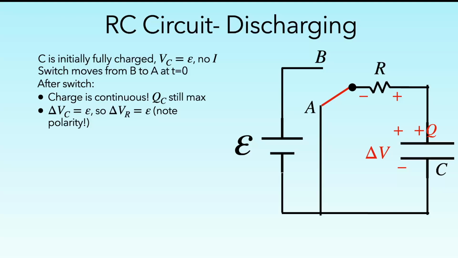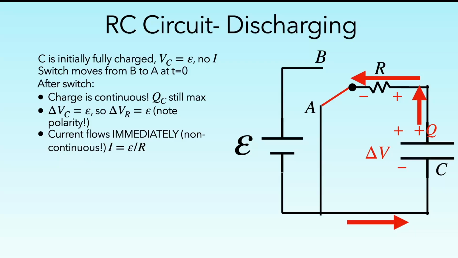Alternatively, you can think that charge is going to flow counterclockwise through the resistor, and therefore for it to flow in that direction, the right side of the resistor has to have a higher potential than the left side. Current starts flowing immediately. The charge does not decrease immediately, but charge begins flowing immediately because there is a voltage across that resistor. So the current will be, at the very beginning, epsilon over R.